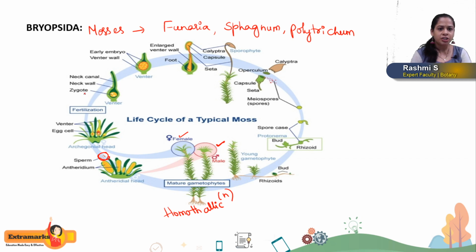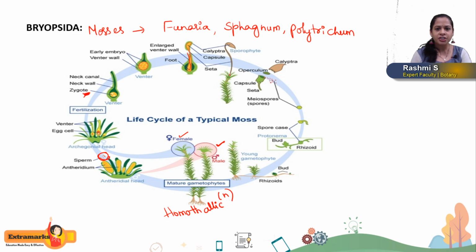Upon fertilization of the egg by the sperm, there is development of the zygote. The zygote develops into an embryo. The embryo gives rise to the sporophytic plant body. You can see here the development of the sporophyte from the embryo.